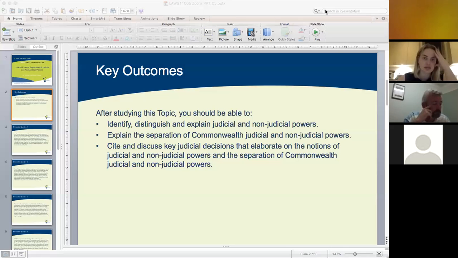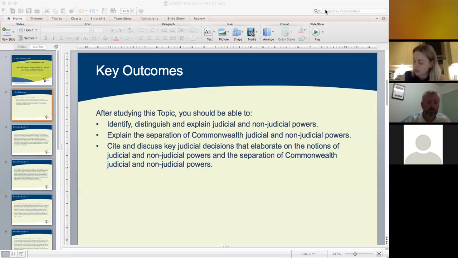Yeah. So, okay, let's be clear. In Australia, we have the Commonwealth as opposed to the states. So when you speak of the Commonwealth, we're speaking of the federal system. And so if we're speaking of courts, we're speaking of the federal courts or Chapter 3 courts. These are courts which are constituted under Chapter 3 of the Constitution.